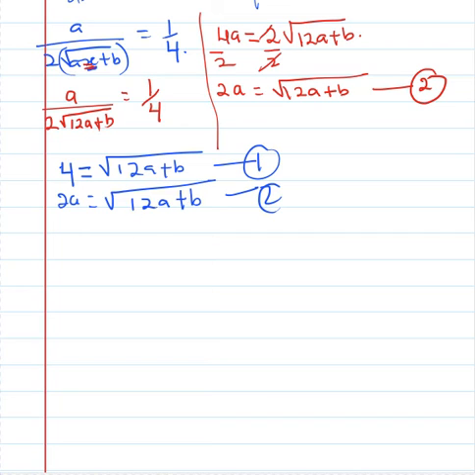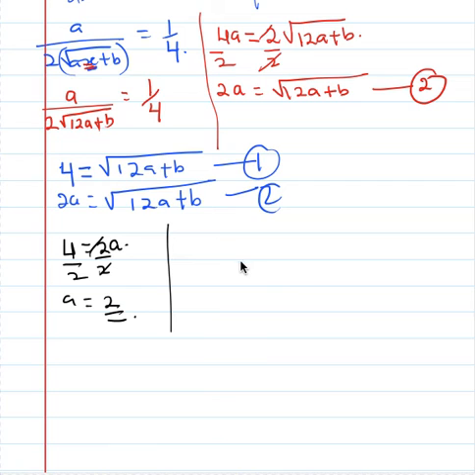Since the right hand side is the same, the left is the same, so 4 is equal to 2a. Dividing by 2, a is 2. So we've got the value of a quickly.